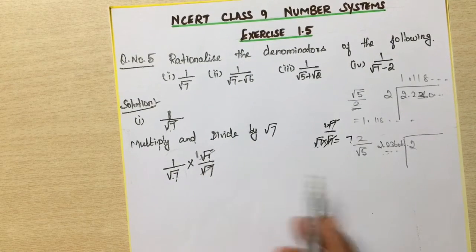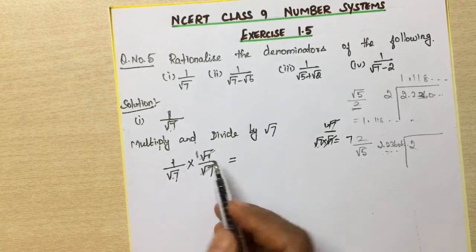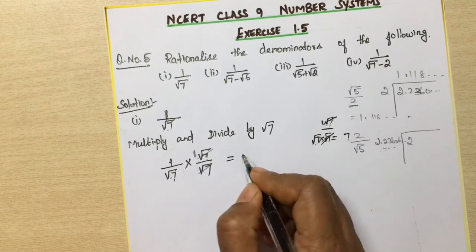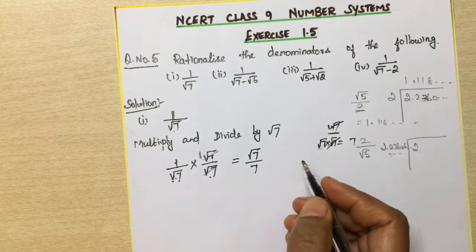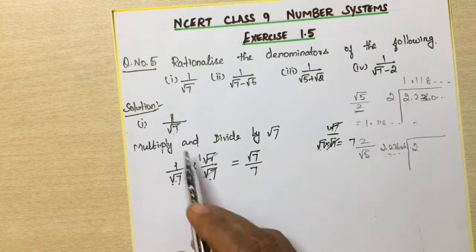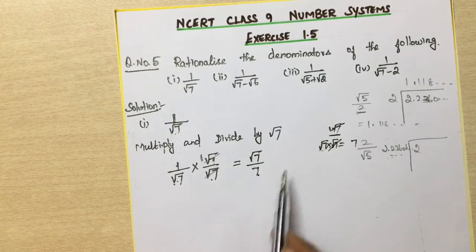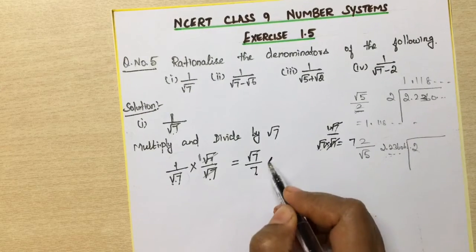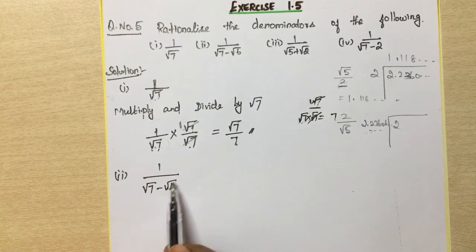The value will never change. Now just multiply the numerator and numerator. So 1 into root 7 is root 7 divided by 7. So this is the answer. As we can see, from irrational, we have changed it to a rational number. This is called rationalizing.